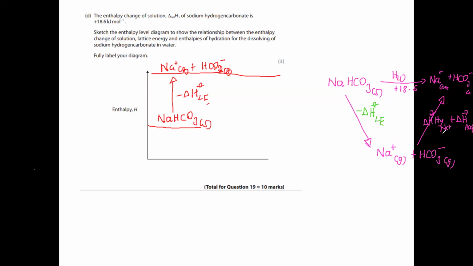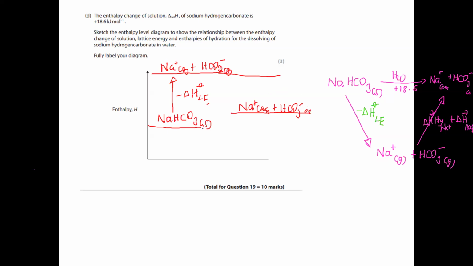Hydration enthalpies are exothermic, but the overall is a plus value. So even if I hydrate them, my final aqueous ions should stay a little bit on top: sodium plus aqueous plus HCO3 minus aqueous.